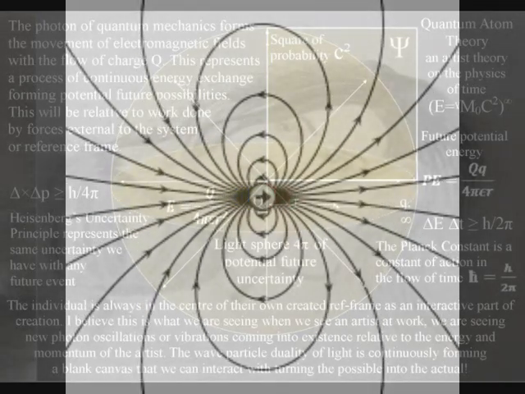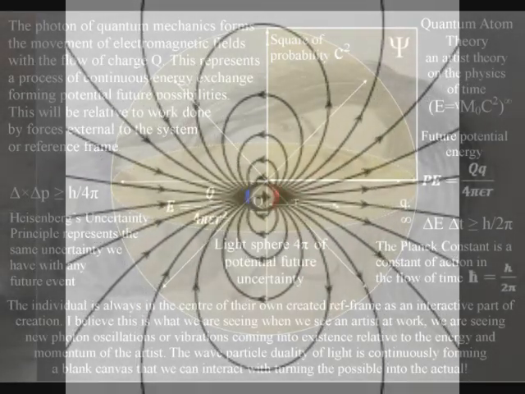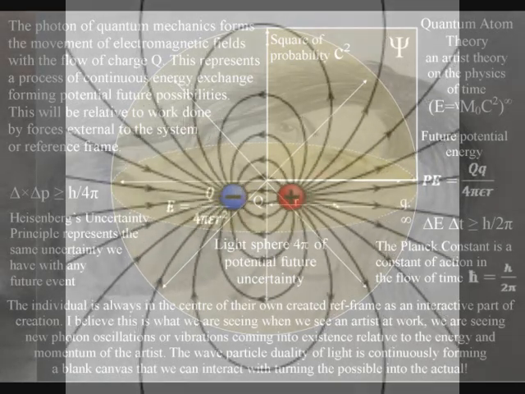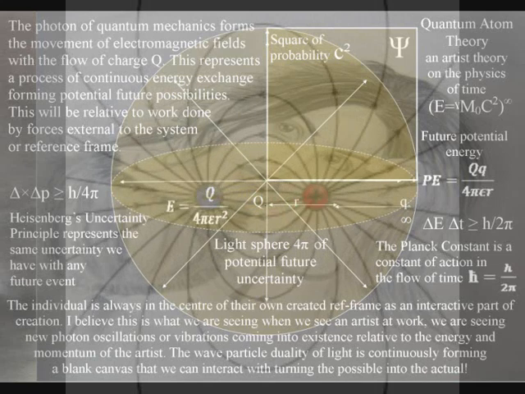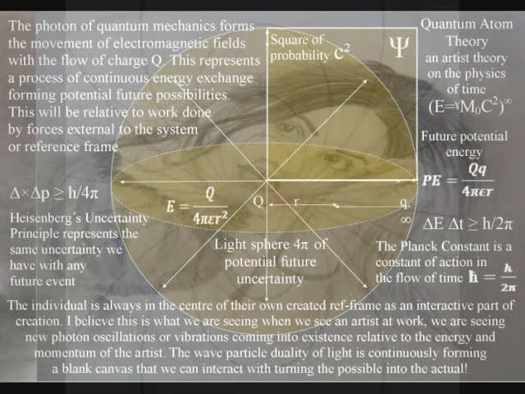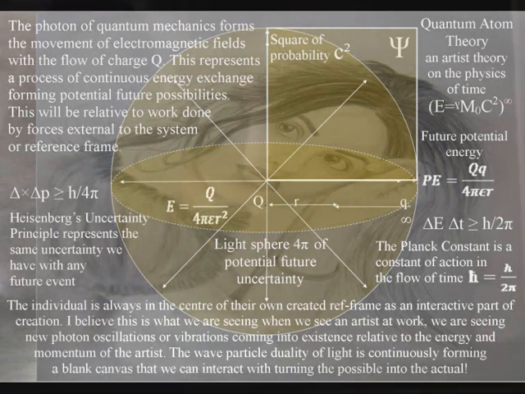The light photon of quantum mechanics is the carrier of the electromagnetic force that forms a movement of positive and negative charge with the flow of electromagnetic fields. We see and feel this process of continuous change as the flow of time.